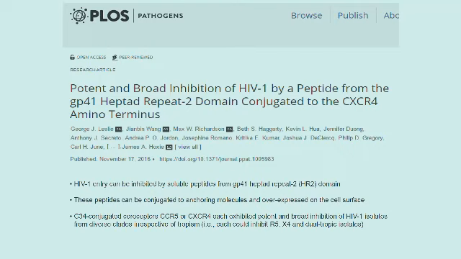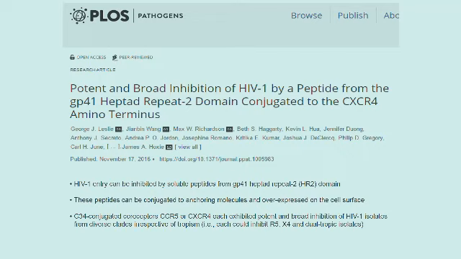So another approach that investigators at the University of Pennsylvania are taking is a peptide from the GP41 heptad repeat 2, or HR2 domain, and that is conjugated to the other chemokine receptor that can be used for entry, CXCR4.